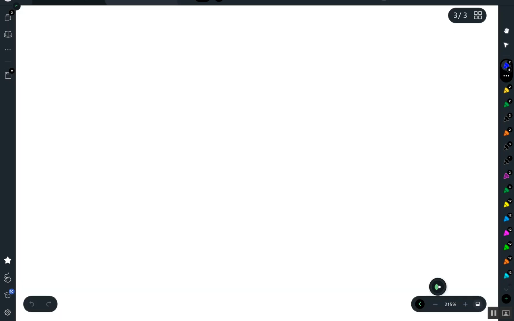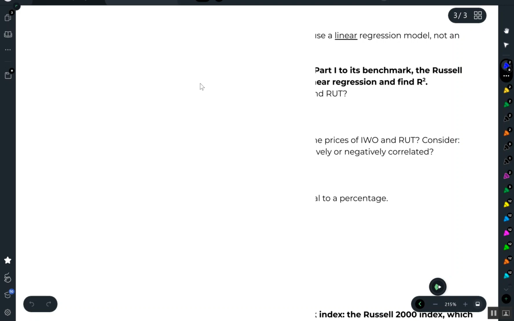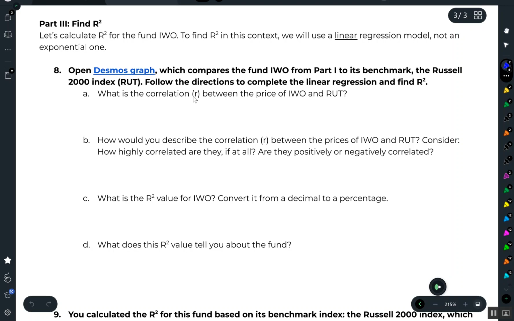They want to know what the correlation R is, and you get that from Desmos. Then look at the numbers and see how highly correlated they are. Are they positive or negative?